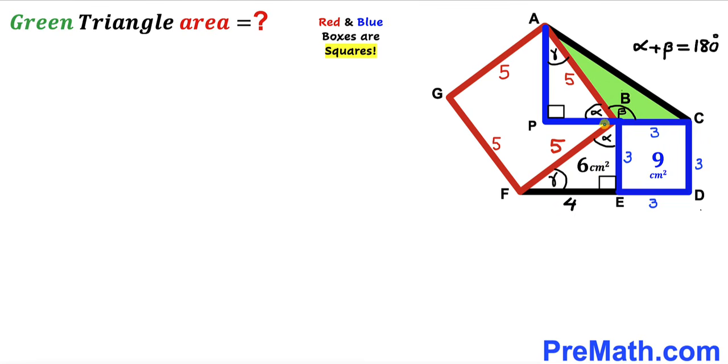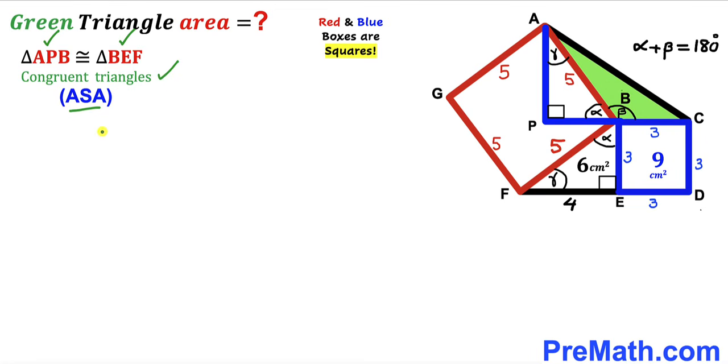Furthermore, side BF length is 5 and side AB length is 5 as well. So the right triangle APB and the right triangle BEF are congruent triangles according to the side angle congruency theorem.